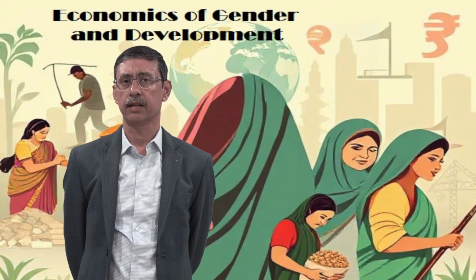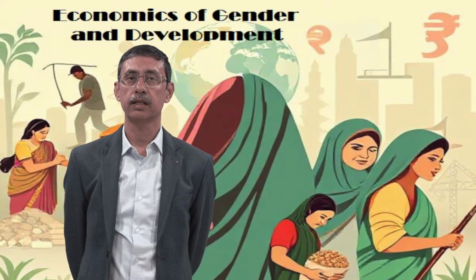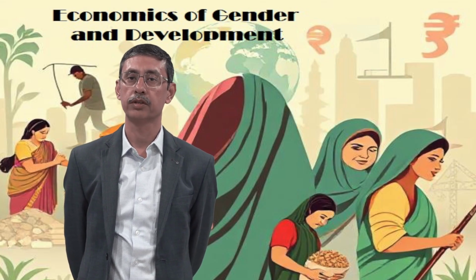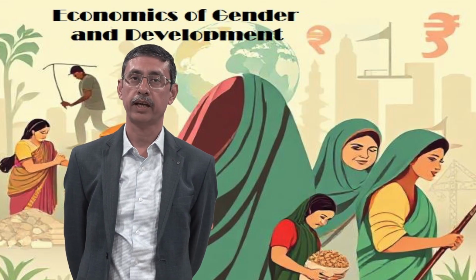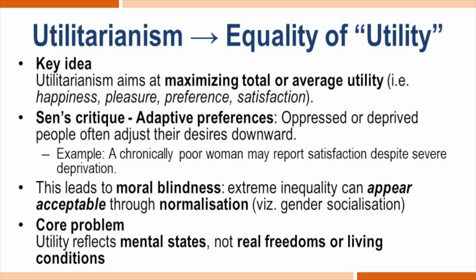Now Sen goes on to explain the different theories and theoretical perspectives with which people looking at the question of social justice try to address this issue. The first is utilitarianism, which seeks to address the question from the perspective of equality of utility.